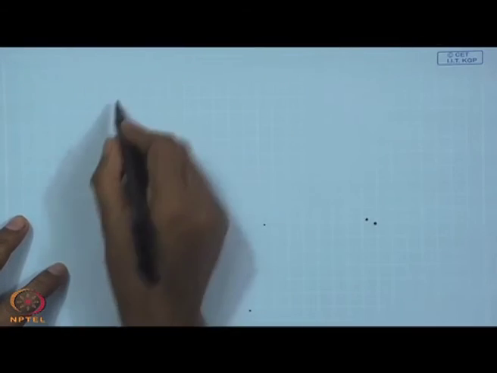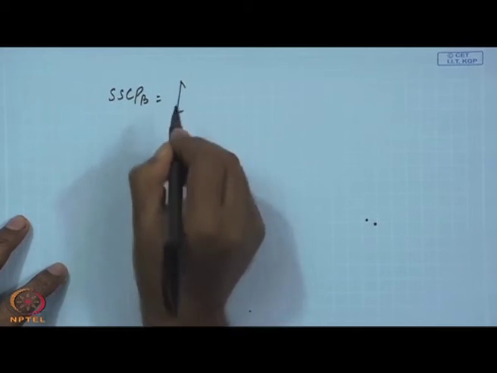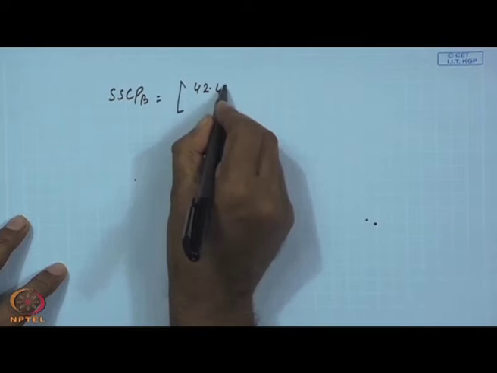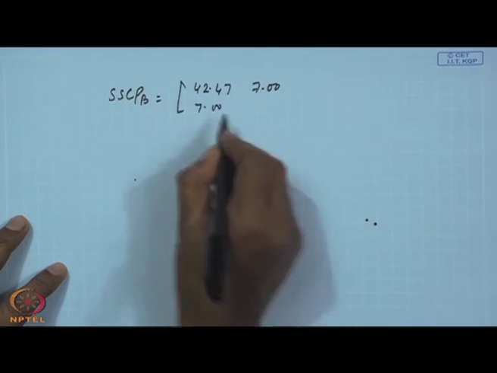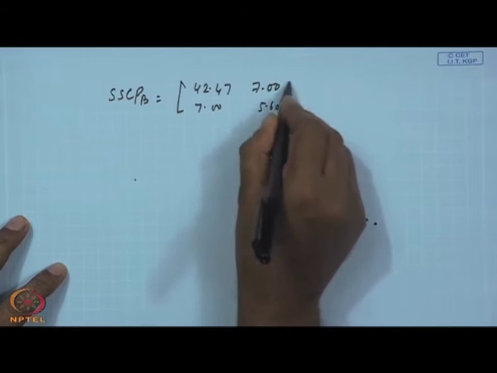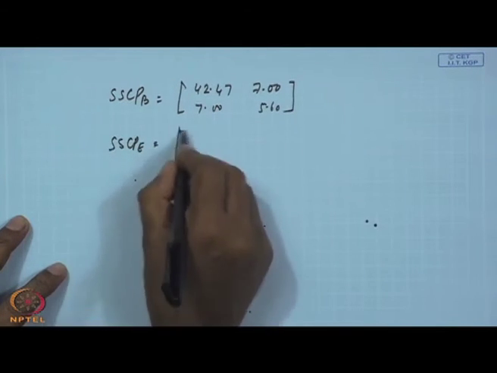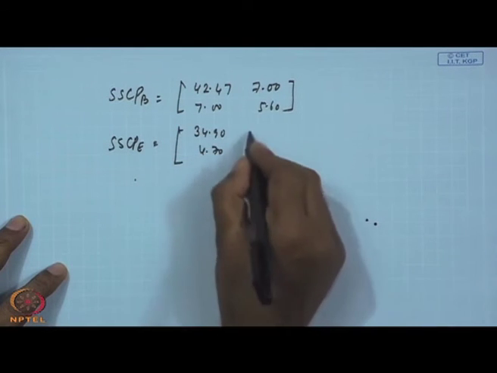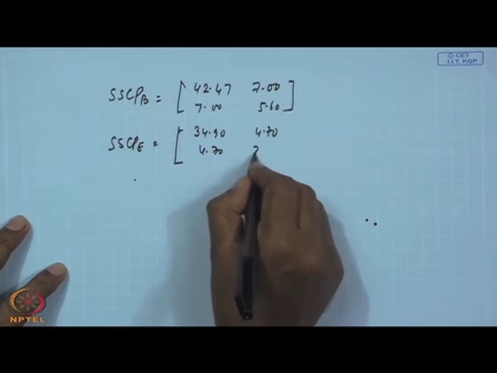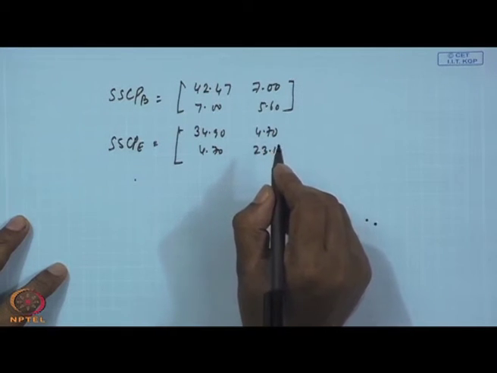So, what do we have now with us? We have SSCP B matrix, which is 42.47, 7.00, 7.00, 5.60. You have SSCP error matrix, which is 34.90, 4.70, 4.70, 23.10.